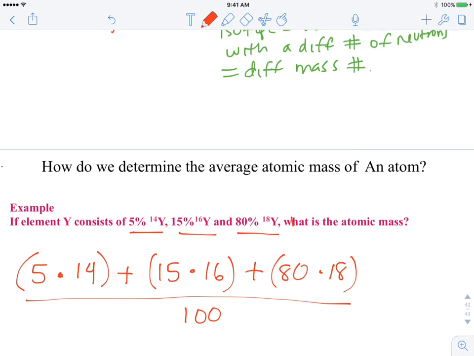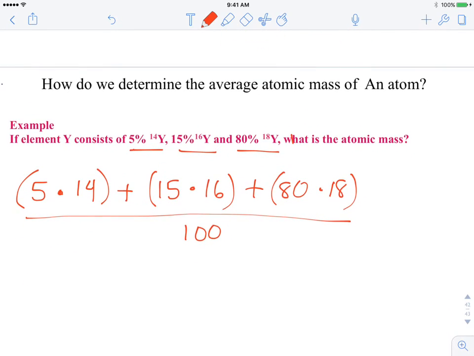Now when I do this, and you can try this at home, 5 times 14 should be 70. 15 times 16 is 240. 80 times 18 is 1,440.